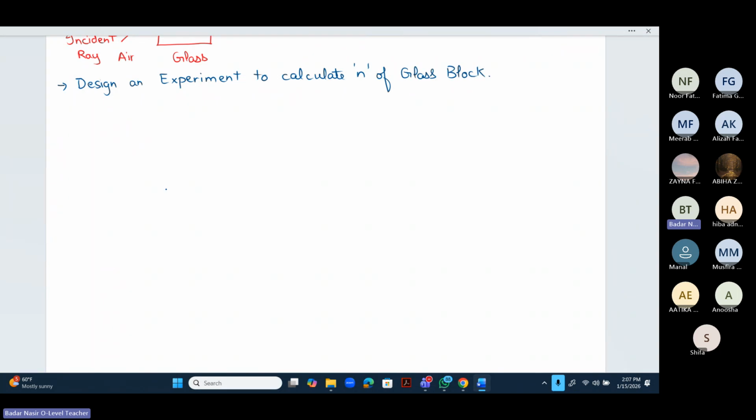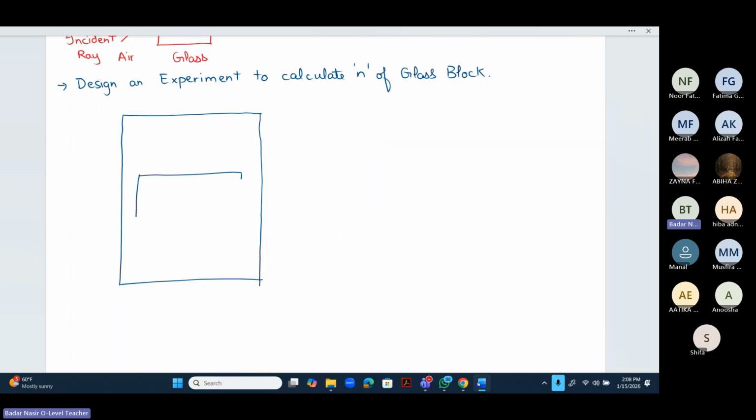Okay, now what we are going to do, beta, we will take a plain white paper. Now we are going to place a rectangular glass block in the middle.